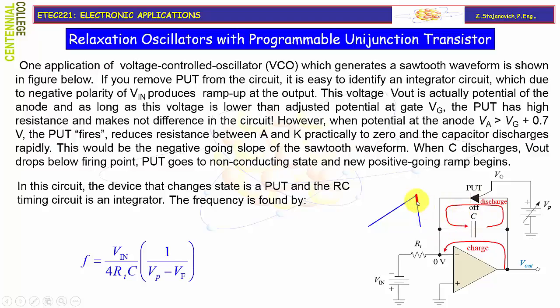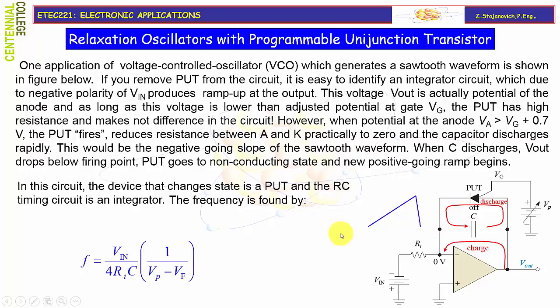So when it discharges, the voltage at the output, which reached a certain value, Vg plus 0.7, drops to zero very quickly. When C discharges, Vout drops below the firing point, and PUT goes to the non-conducting state, and a new positive-going ramp begins. So it always ramps up due to constant negative voltage at the input, but once it reaches the value Vg plus 0.7, which can be adjusted externally, it quickly drops to zero and then starts ramping again.